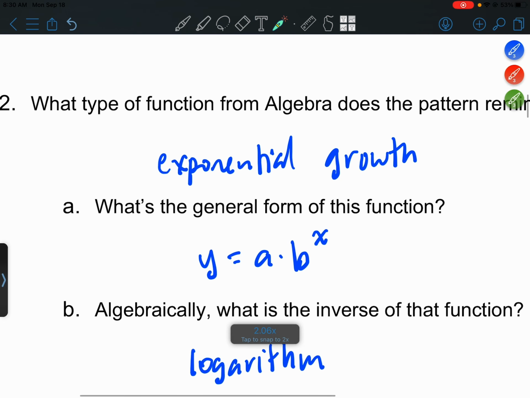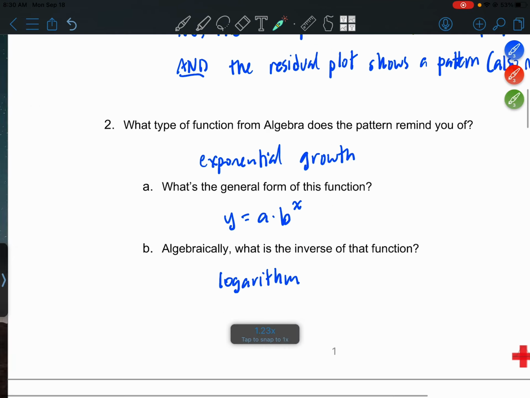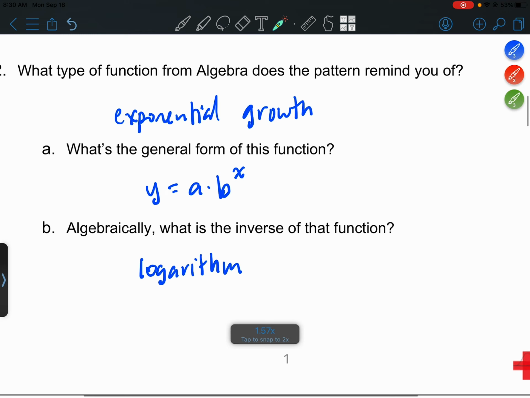All right, so thinking back to algebra 2, this is the general form of an exponential function. So y equals a, which is some multiplier, some coefficient, times b raised to the x power. b is a base and x is an exponent. And then the inverse of exponents are logarithms.